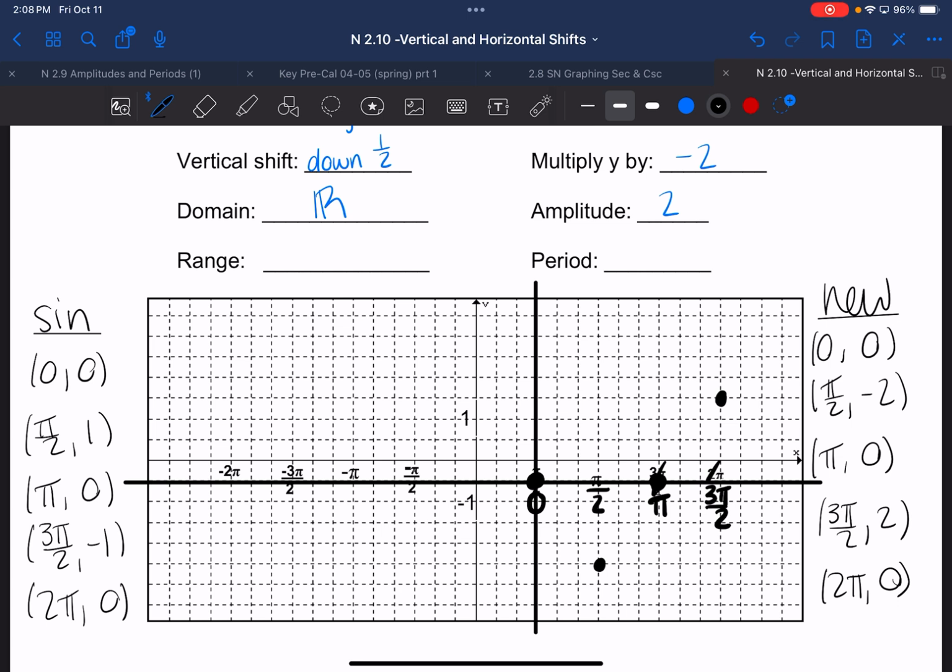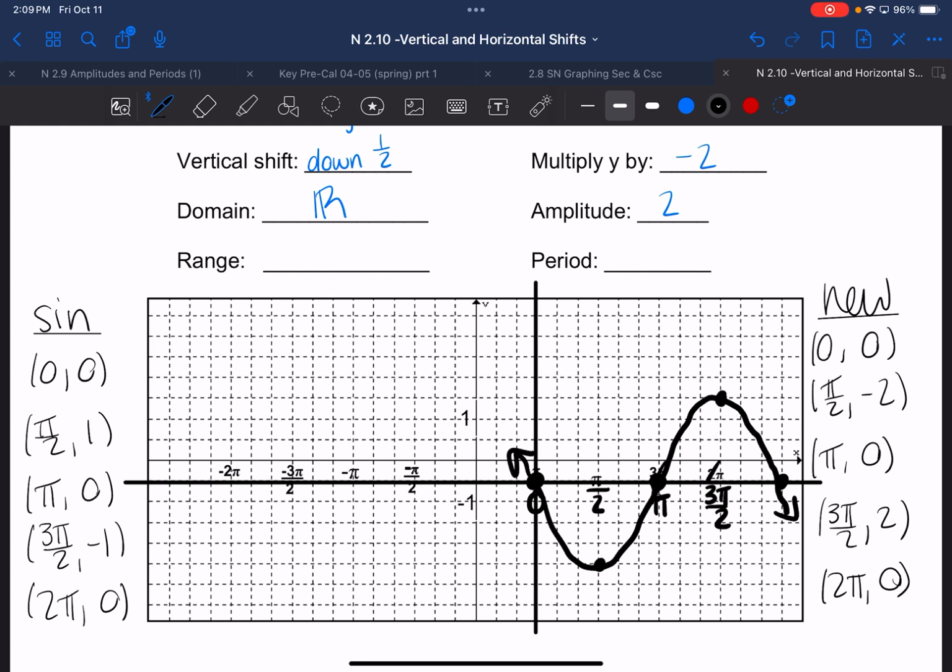Okay? And then that last point is 2 pi. So how many more lines over would I need to get to be at 2 pi? 3 lines over. And I'm at 0, right? Okay, so let's connect those points. So our graph looks kind of like this.